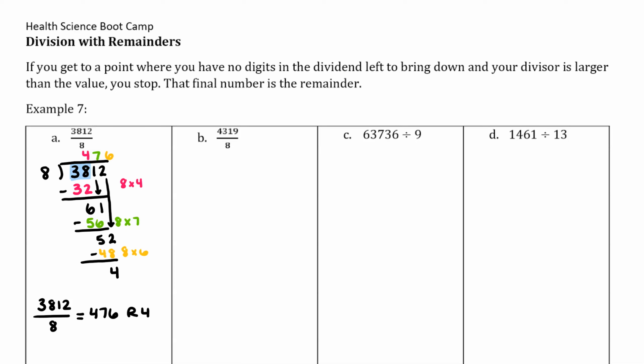Let's try it again. 4,319 divided by 8. So my 8 is on the outside. 4,319 is on the inside. What can I times 8 by to get close to 43?